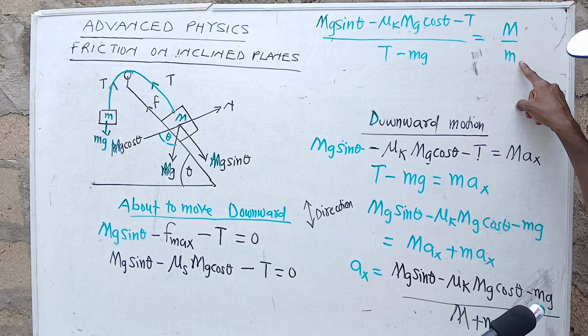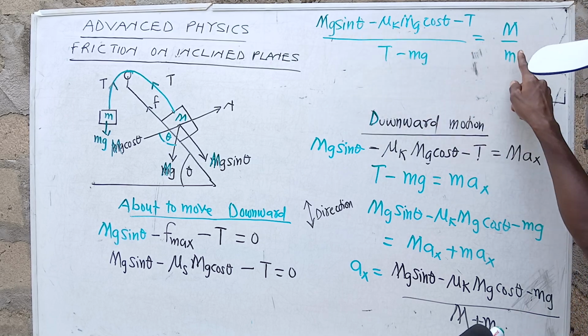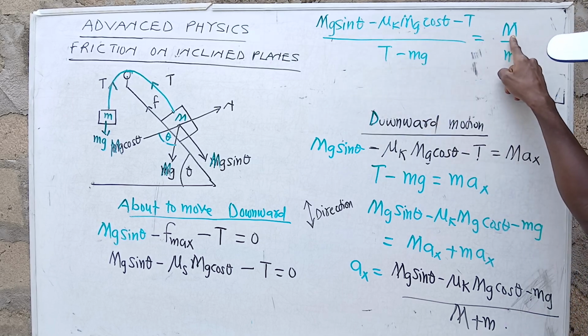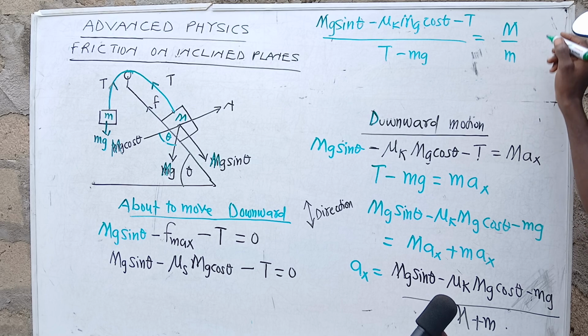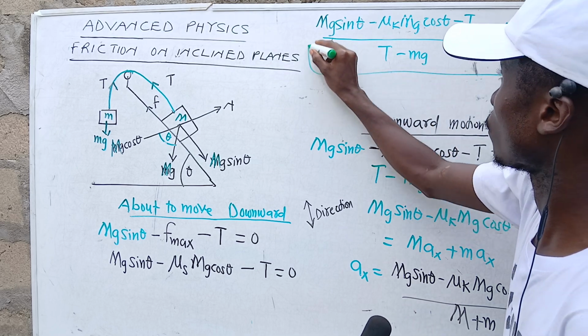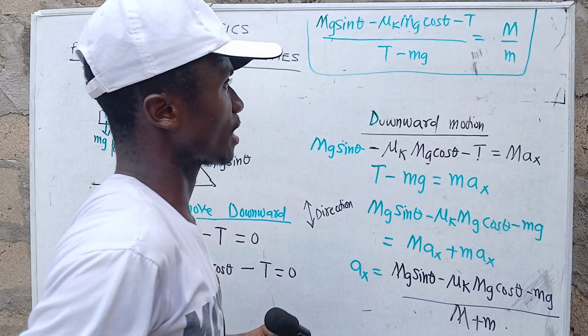You just have to multiply this quantity by small m, this quantity by capital M, then you make T the subject, and you're good to go with your tension.